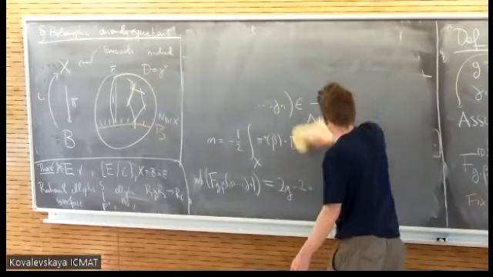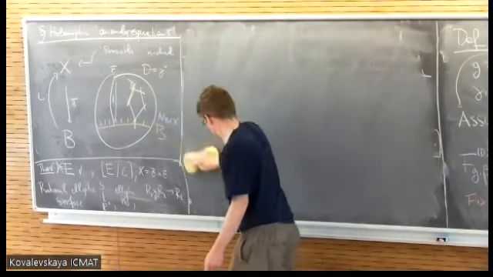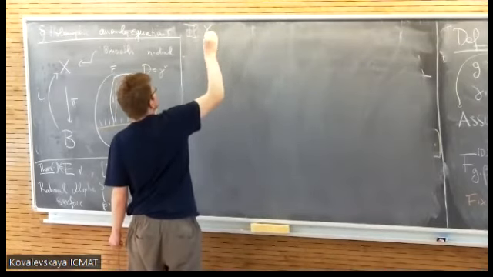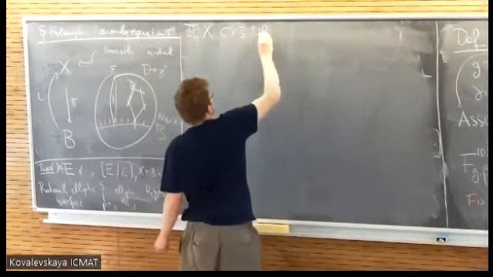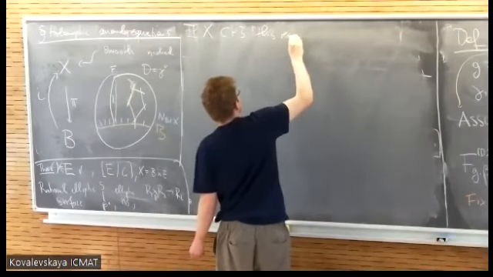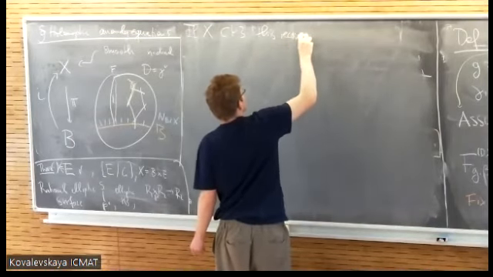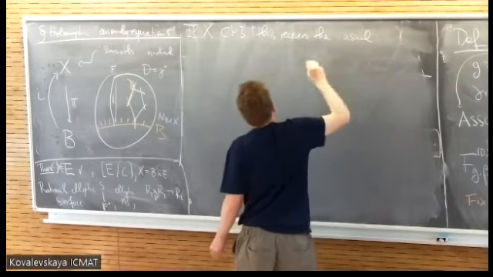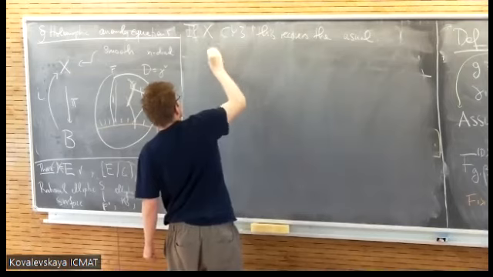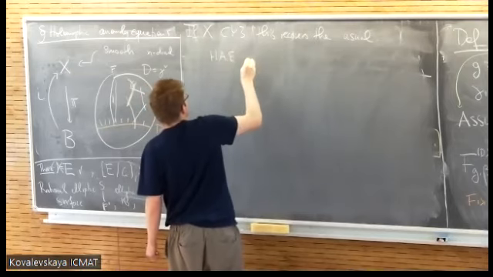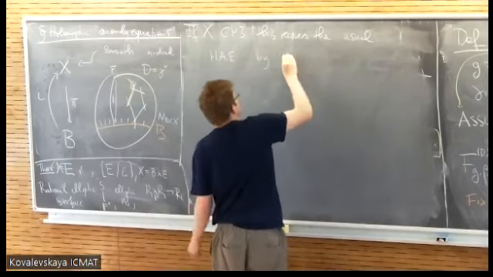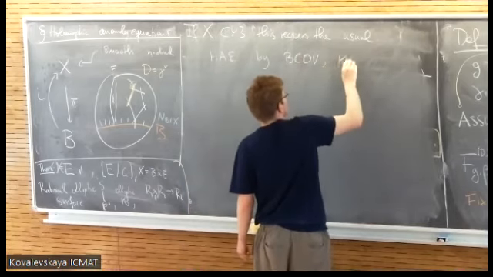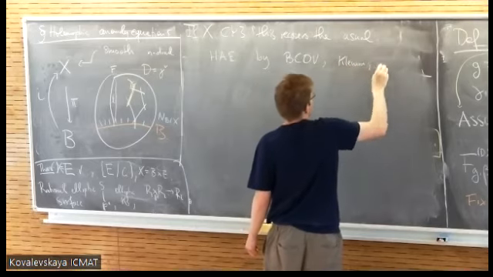Okay, so I'm out of time. Let me just say that if X is Calabi-Yau threefold, this recovers the usual holomorphic anomaly equation by, let me just write DCOV, and then there's also work of Clem and other people.